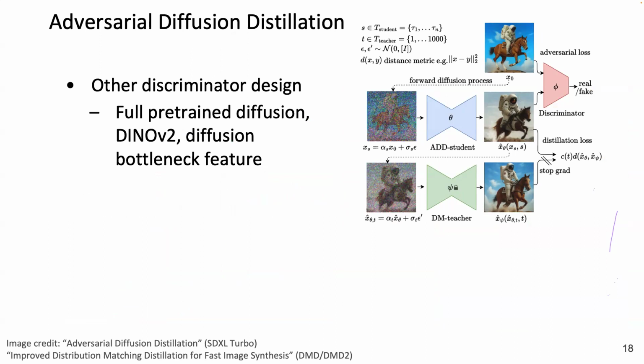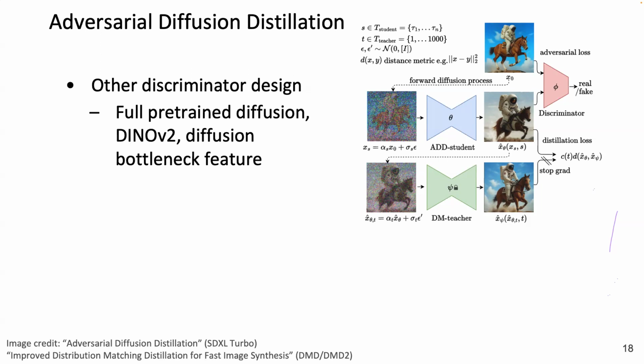Some studies show that it is helpful, instead of doing the real or fake classification in the latent space, to first use a decoder to bring it back into the real image, and directly in the pixel space use a specific vision encoder, for example DINOv2, to perform that real or fake classification, which seems to provide even better visual quality.